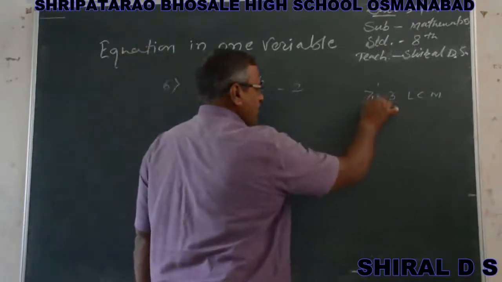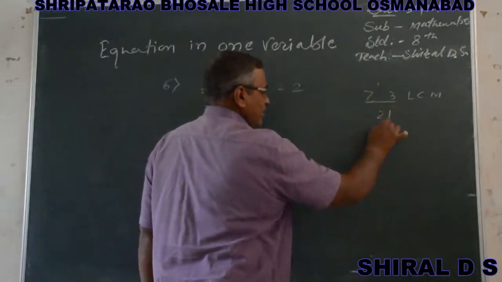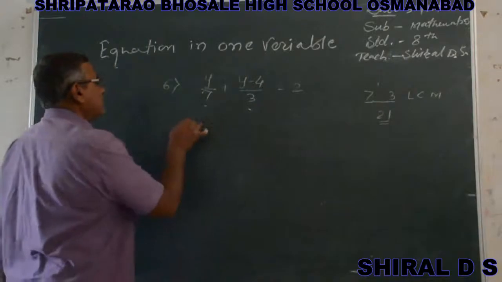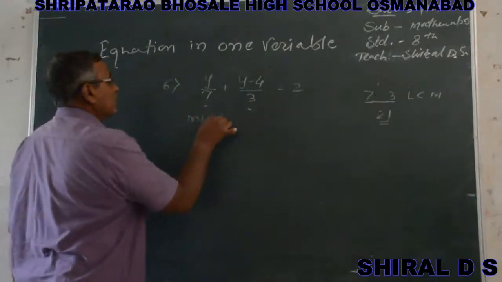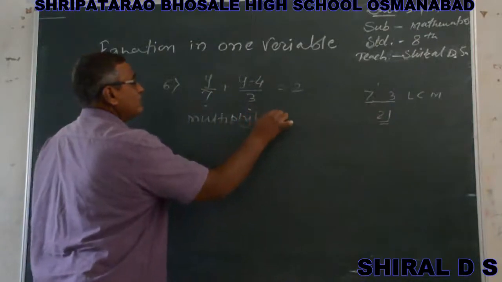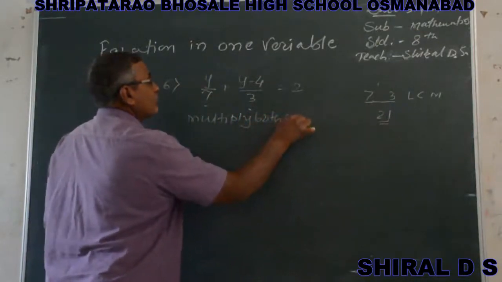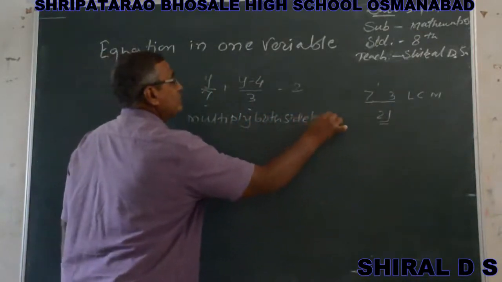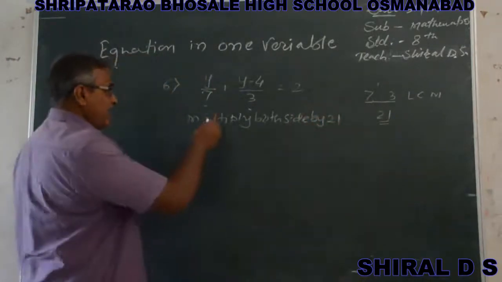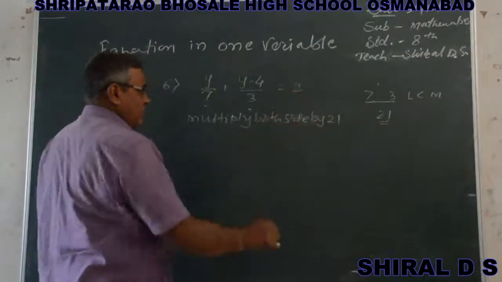If the LCM of the given two numbers is 21, then we multiply both sides by 21. Therefore, we multiply both terms.